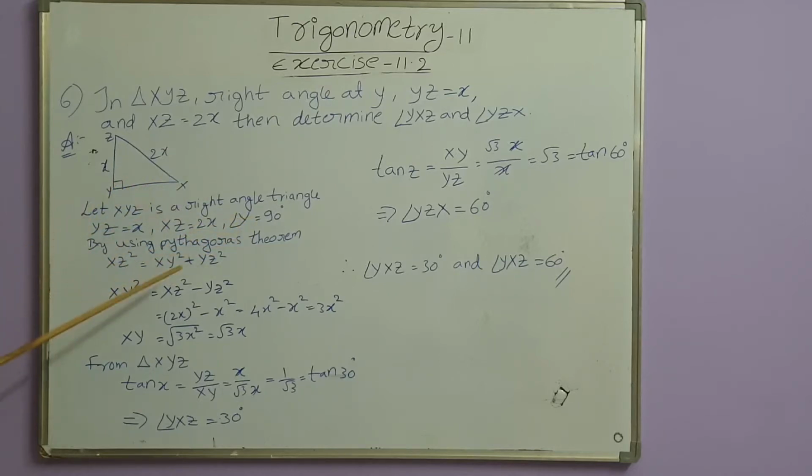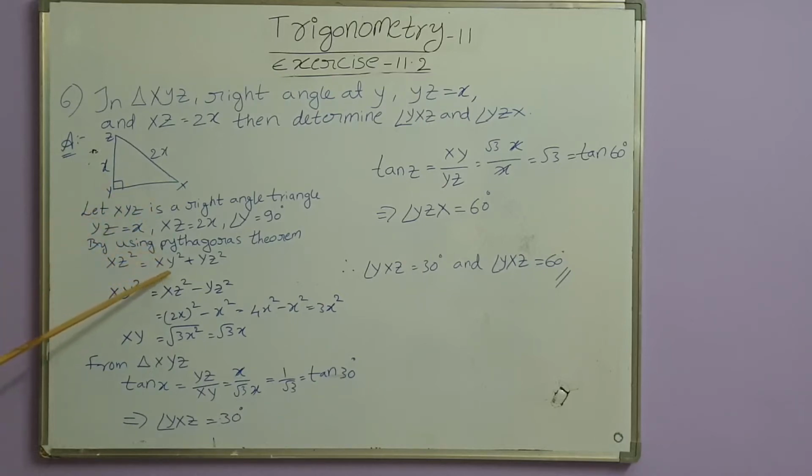By using the Pythagoras theorem, XZ square is equal to XY square plus YZ square. Now we want XY square.